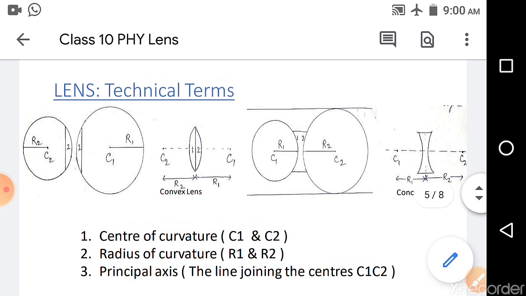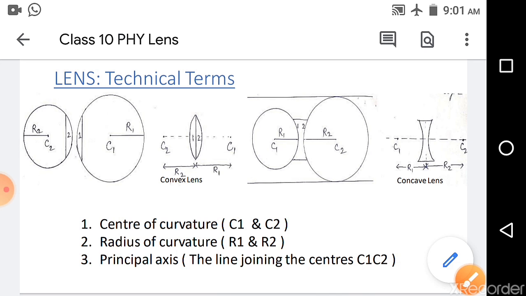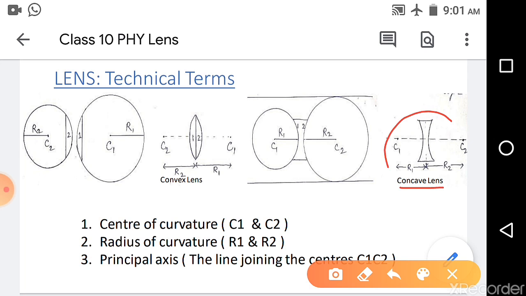There are two spherical refracting surfaces; this one is taken as the first surface, with center C1 and radius R1 for this sphere. This surface is called the second surface of the lens, and the center of its sphere is C2, with radius R2. This is how we form a concave lens.